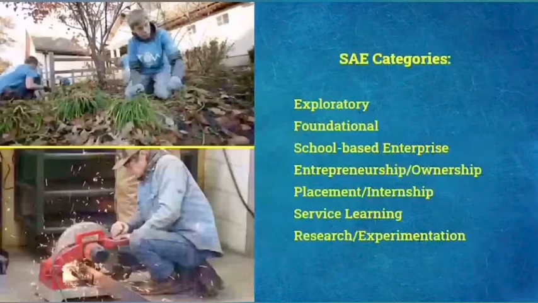These include exploratory, foundational, school-based enterprise, entrepreneurship or ownership, placement or internship, service learning, and research. With an SAE, students get to do something they love while making money, earning awards, and having fun along the way.